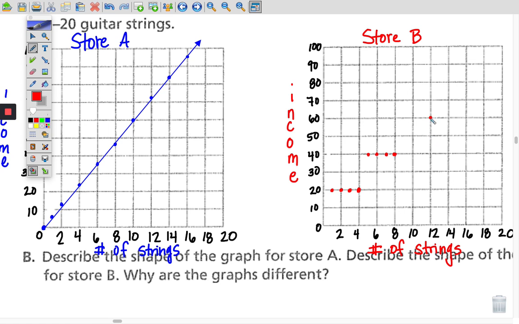But this time I'd have to spend $60 to have between 9 and 12 sets of strings. And then it would be $80 if I wanted to have between 13 and 16 sets of strings. And then if I actually wanted 20 sets of strings, it would cost me $100.